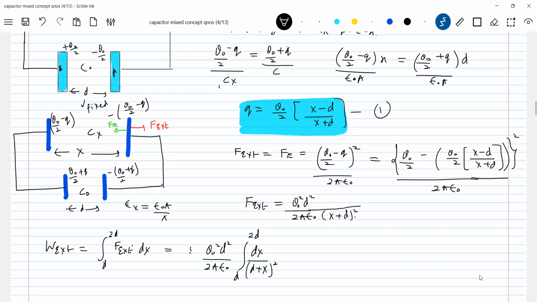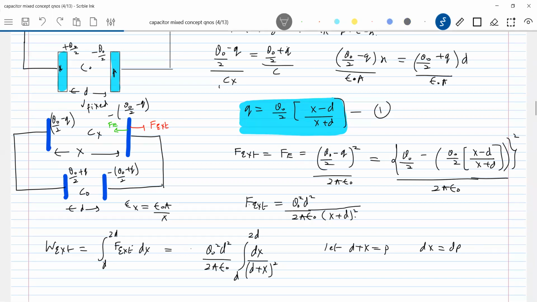Put d plus x equal to p, substitution type, so dx equals dp. Then solve it.